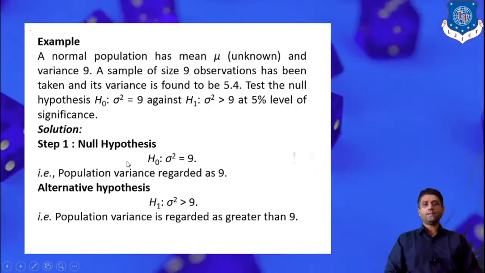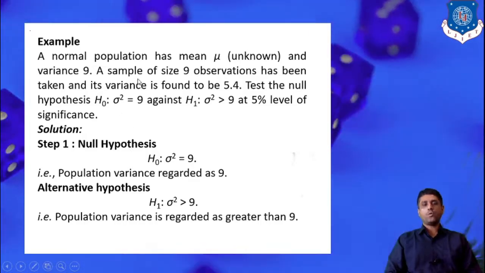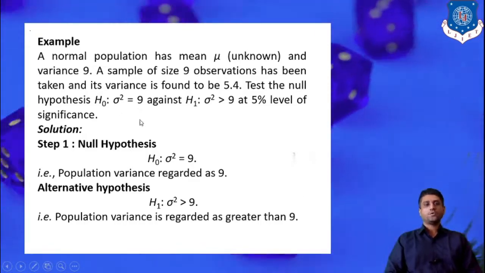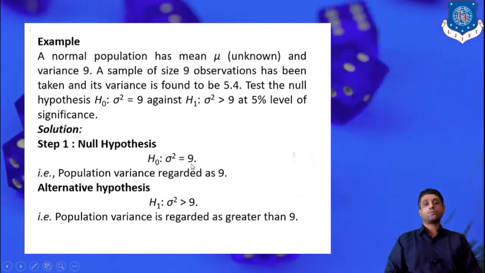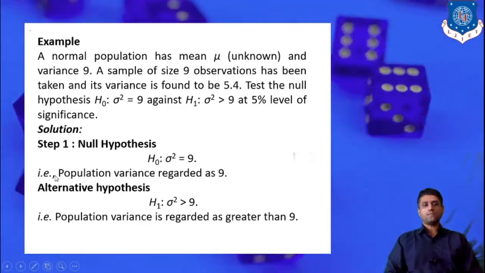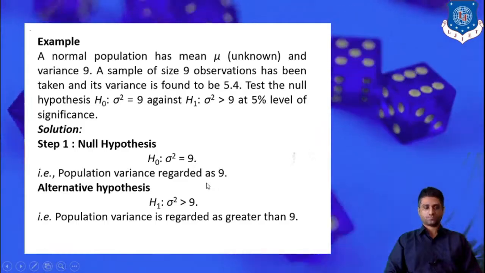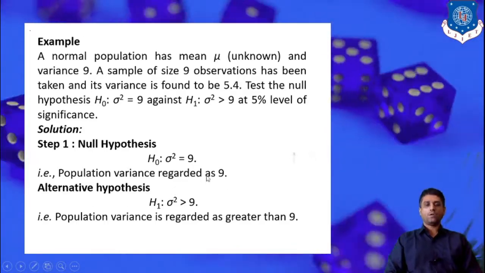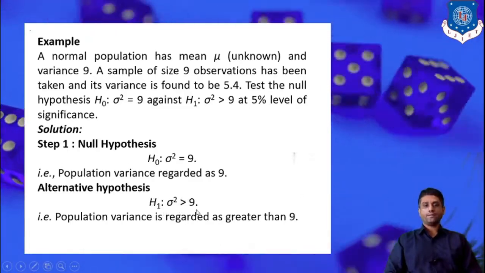In the null hypothesis, our first priority is to assume whatever the definition tells us. So we assume the null hypothesis, that the population variance sigma square is equal to 9. Now on the basis of this we define the alternative hypothesis H1, that sigma square is greater than 9.